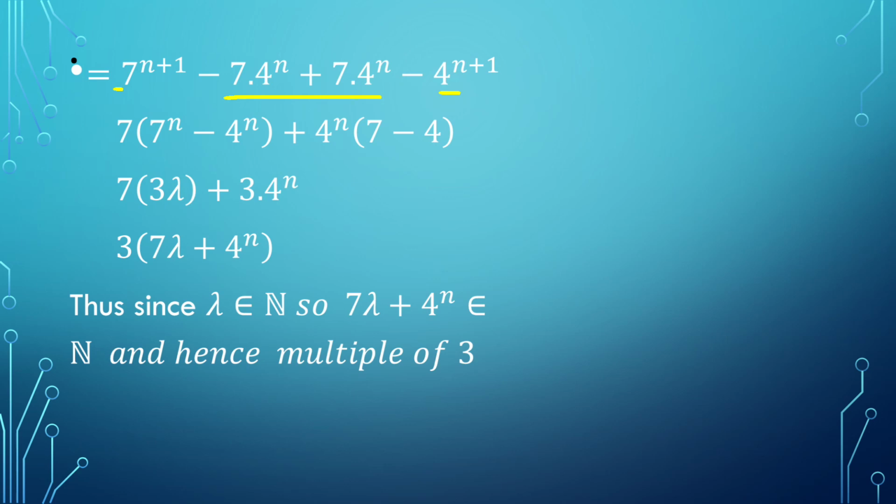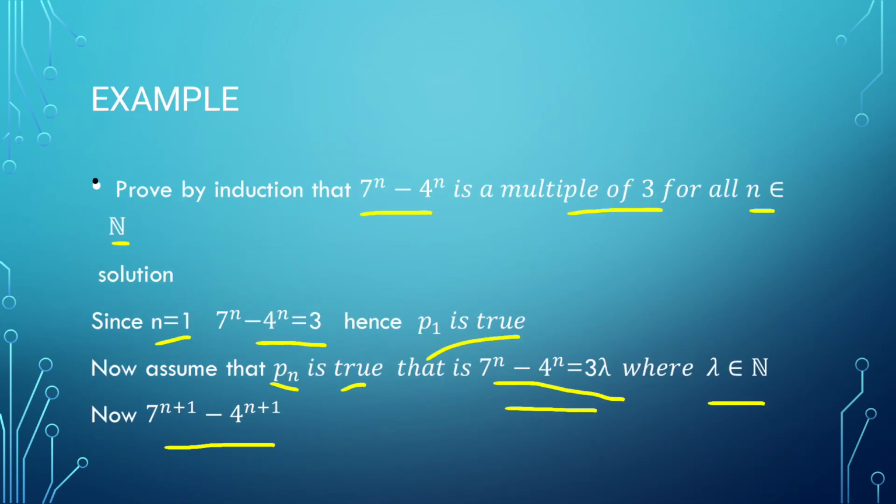Okay, let's factorize. So factoring out, we get that and that. But what's this? That is basically this.